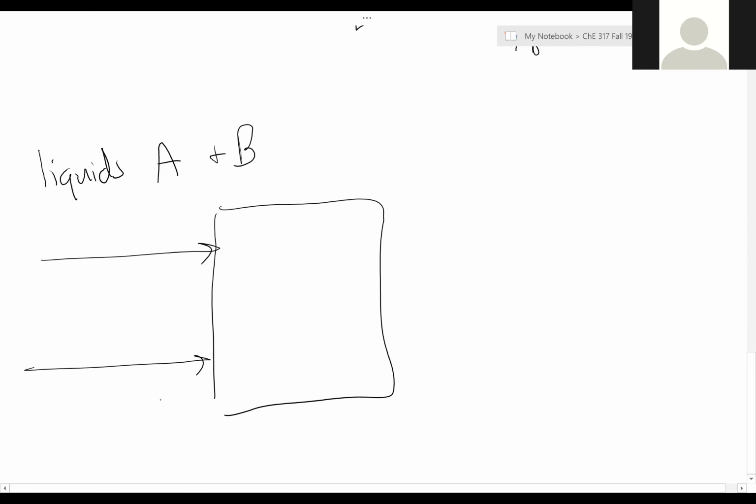And let's say A has a component or a product, I'll say, which is product P. But A has a very high boiling point, but B doesn't have a very high boiling point. And P has a very low vapor pressure, it doesn't boil.